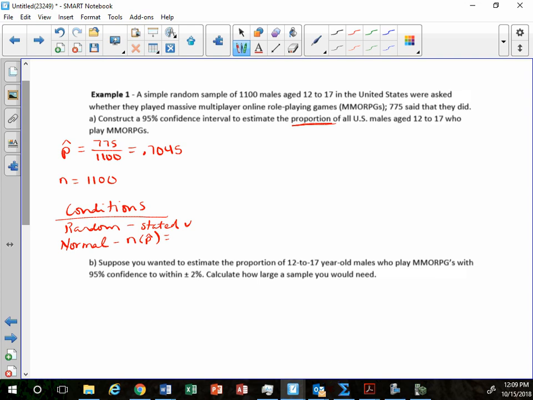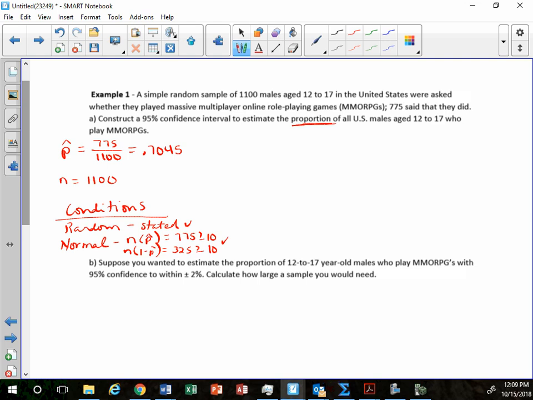So it's about 775, clearly greater than or equal to 10. n times 1 minus p hat is about 325, also greater than or equal to 10. Conditions met. We can then continue with our confidence interval procedure. You have to have both of them.